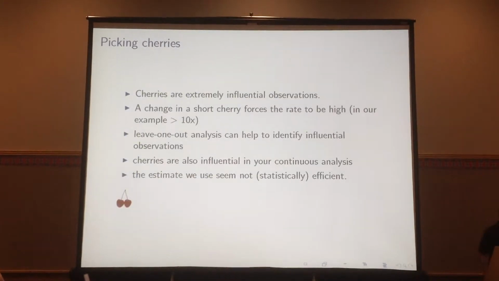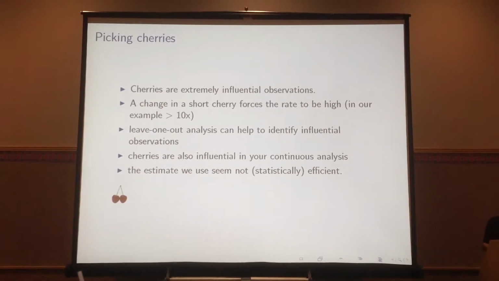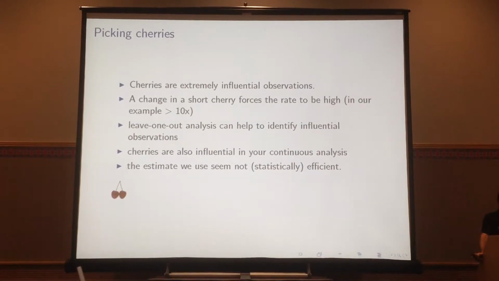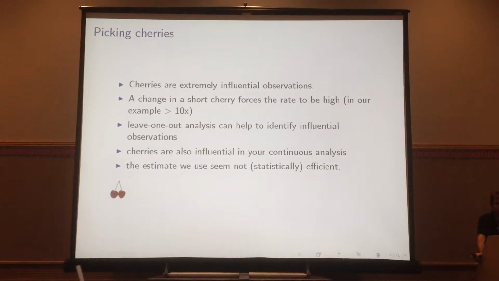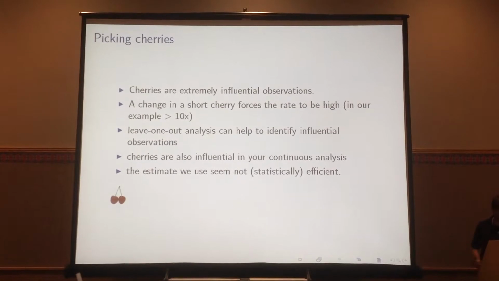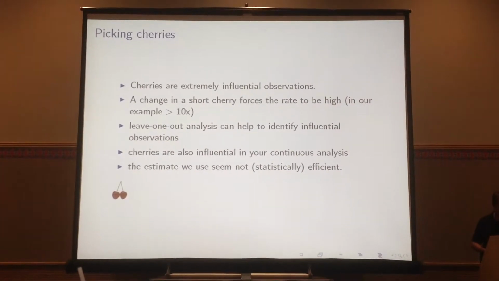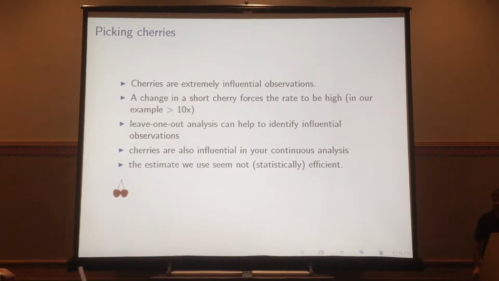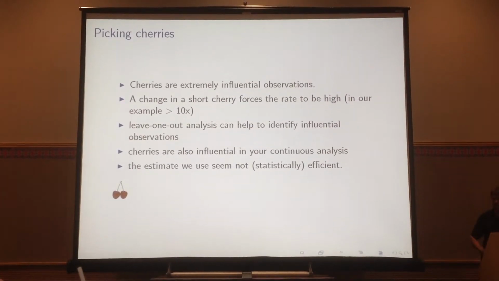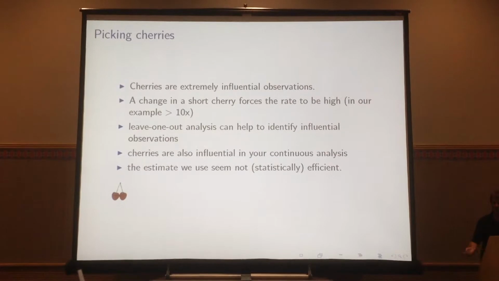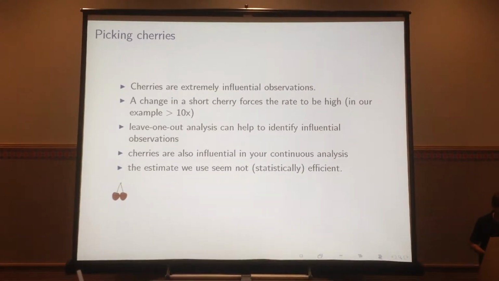Now, the solution. Cherries are extremely influential, so you really have to take care if you pick cherries. The leave-one-out analysis can really help to see if there are influential variables in your data set.